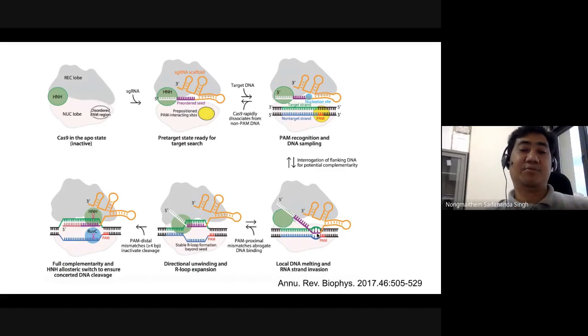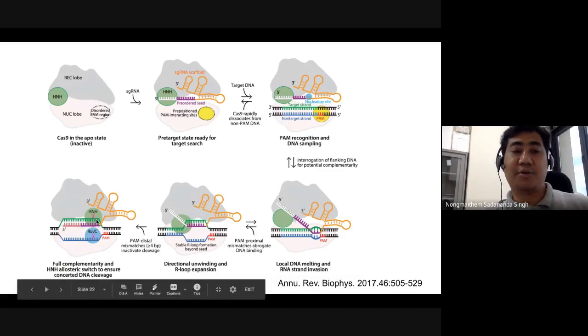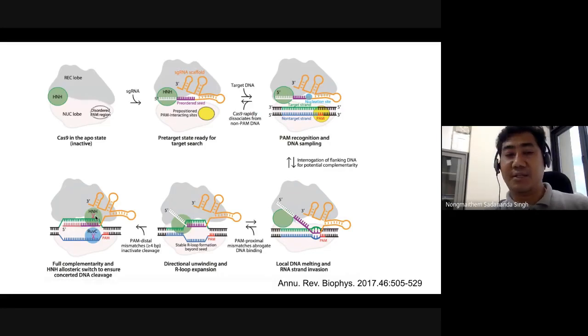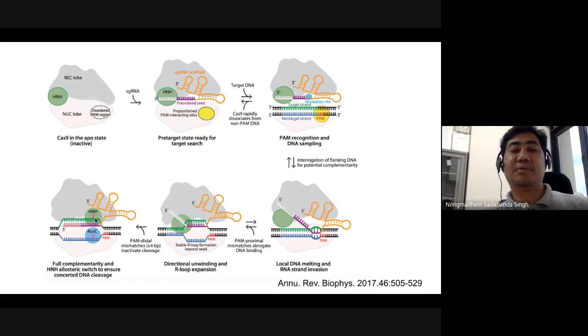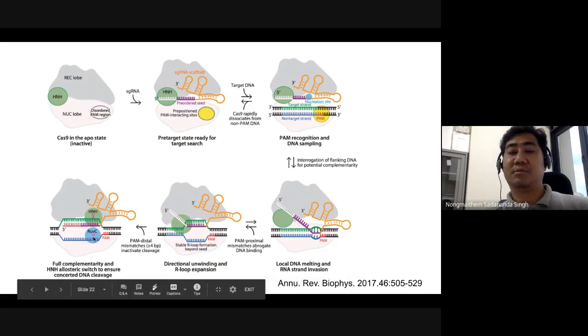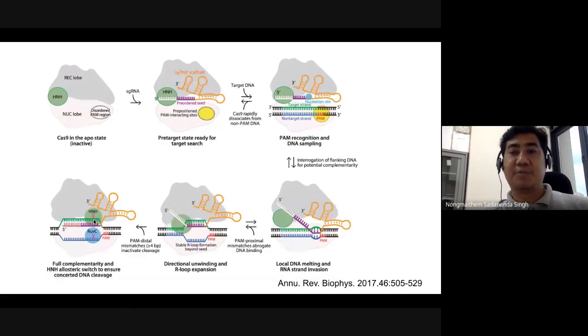Once you melt it, we have two domains in the domain organization, RuvC and HNH motif, correct? So now the RuvC and HNH motif cleave on either side of the double strand DNA. RuvC cleaves one strand and the HNH motif cleaves the other strand. So that's how, when you have a complementary region, there is a target site, then it introduces a double strand break on the target DNA.